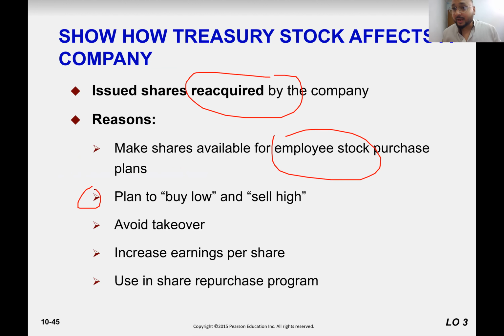Or companies see that our shares are traded at a lower price. What if we purchase our own shares and when the price goes high we sell them later? One purpose is profitability. The other purpose is to prevent a takeover. In order for some other person to take over your company, he must acquire 51% of the shares.